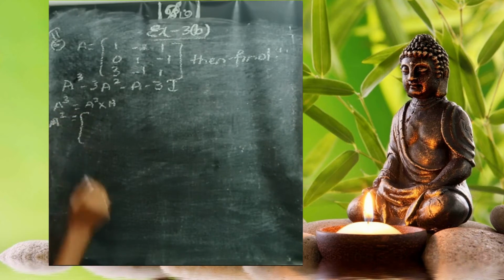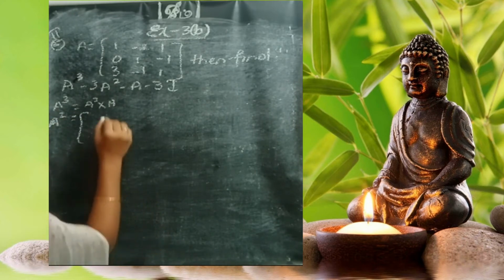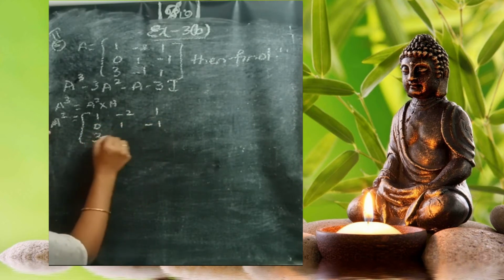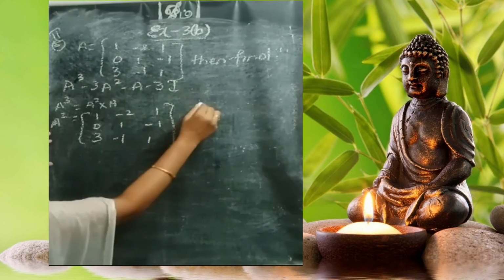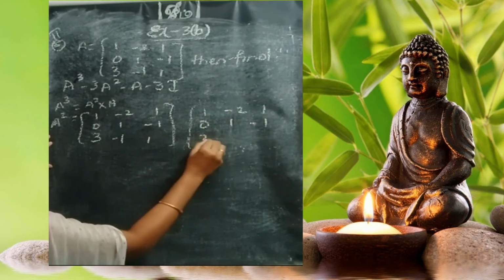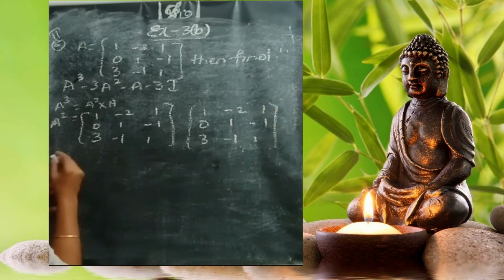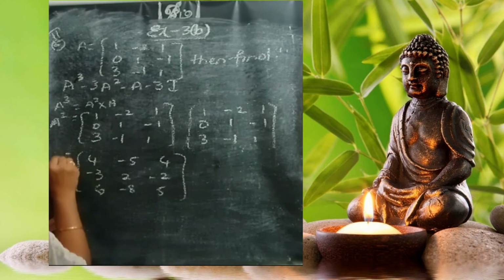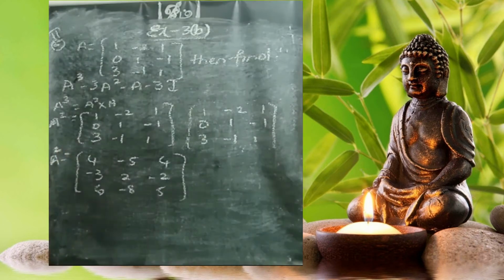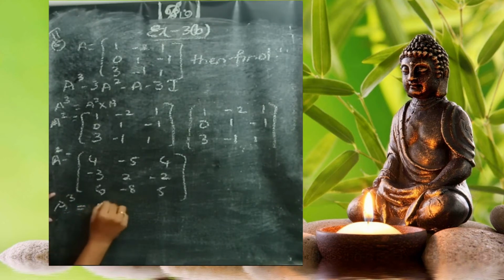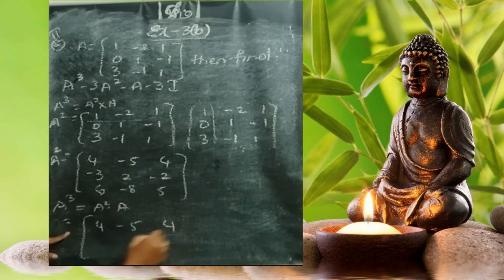So first I am finding A square, that is 1 minus 2 1, 0 1 minus 1, 3 minus 1 1 multiplied by 1 minus 2 1, 0 1 minus 1, 3 minus 1 1. Then multiplying you will get 5 4 minus 3 2 minus 2.